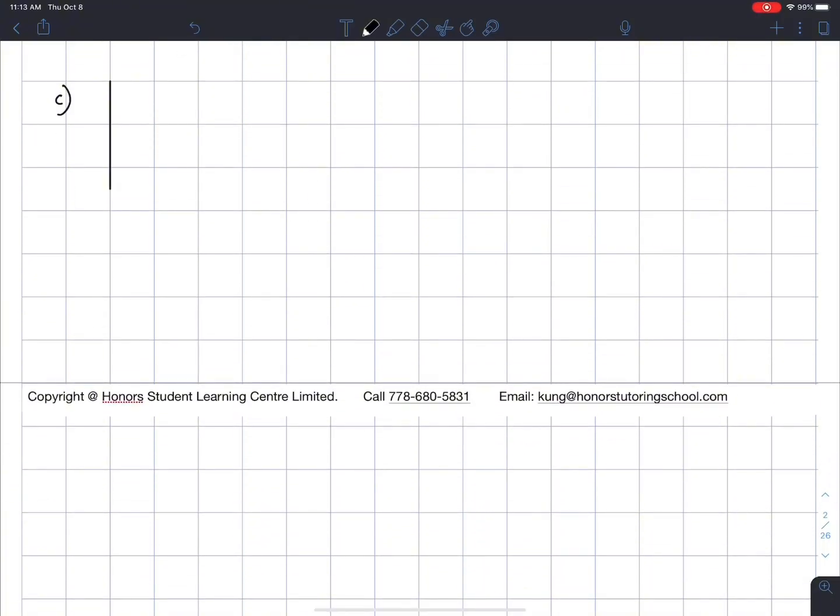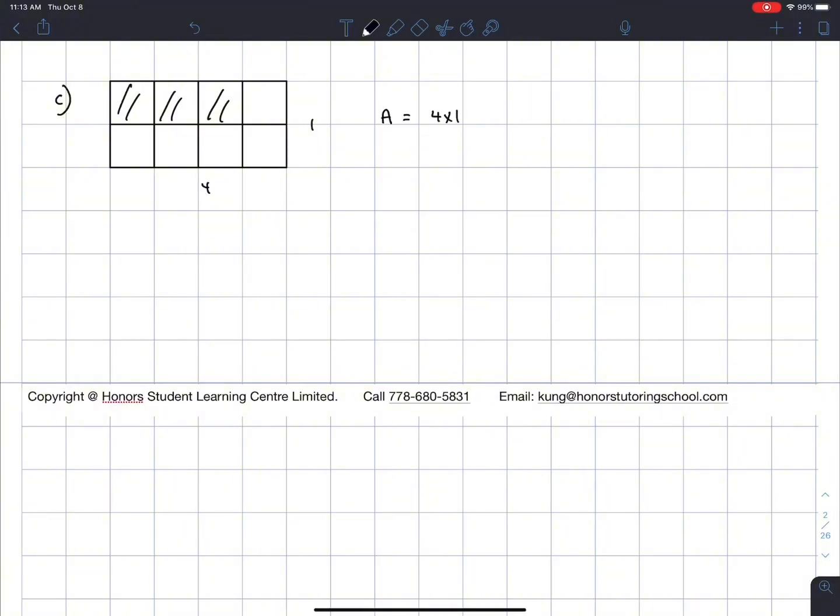C. So area again will just be 4 times 1, which is the area of the total square, times 3 over 8.